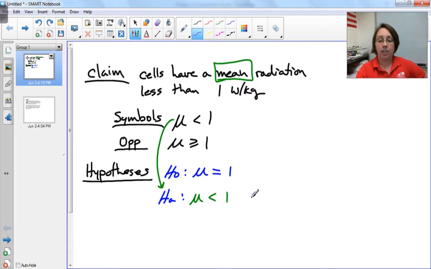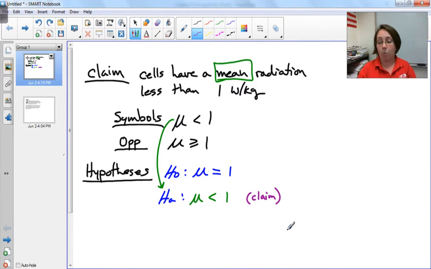Like I said in the last chapter, I like to make a note of which one of these hypotheses is my claim. And I also like to make a note of how many tails we're dealing with. Remember, tails are determined by the alternative hypothesis. So in our alternative hypothesis here, it says mu is less than 1. So if we had a mean that was far enough less than 1, we could reject the null.